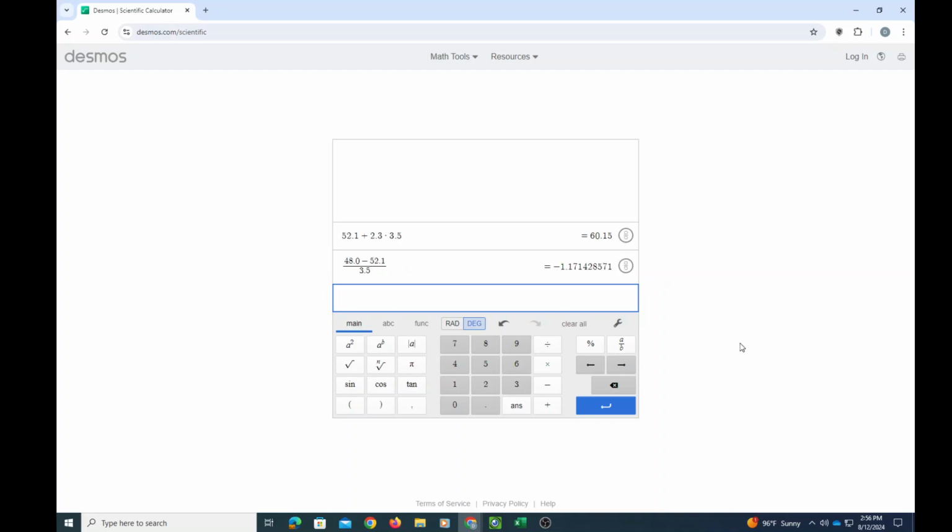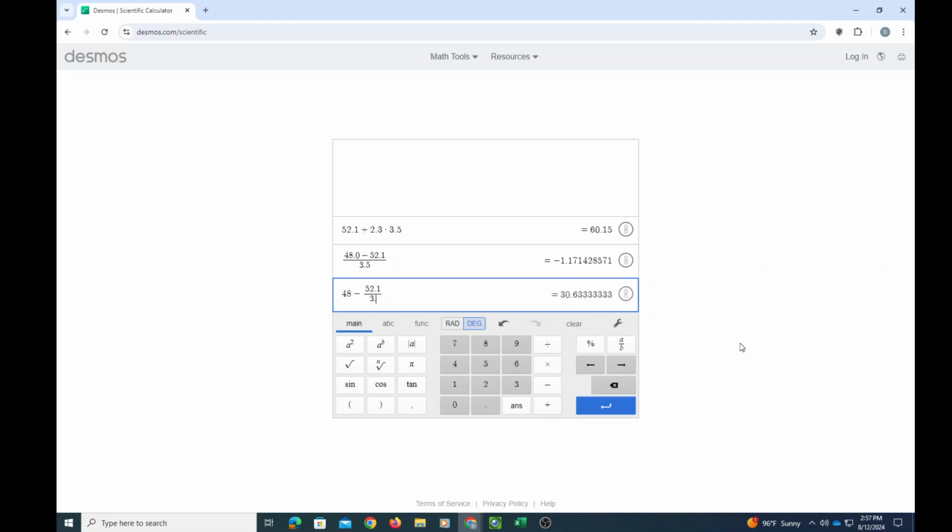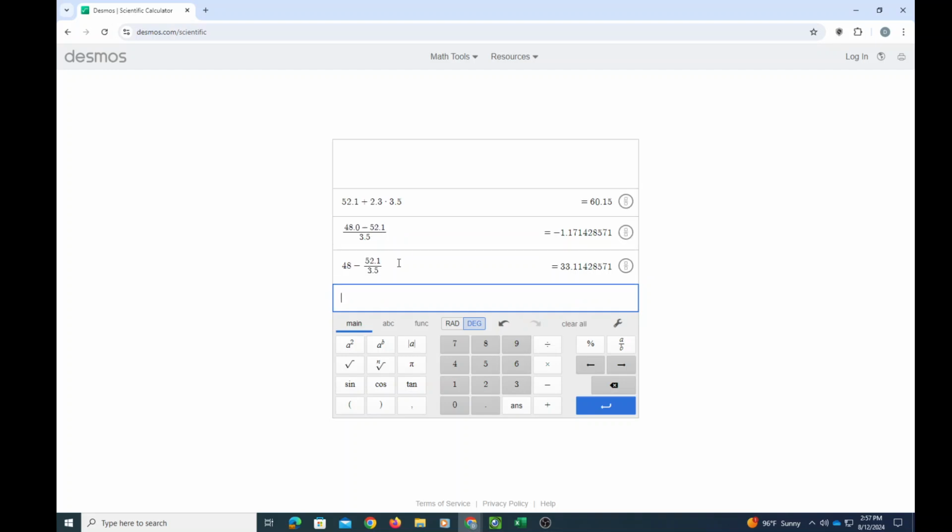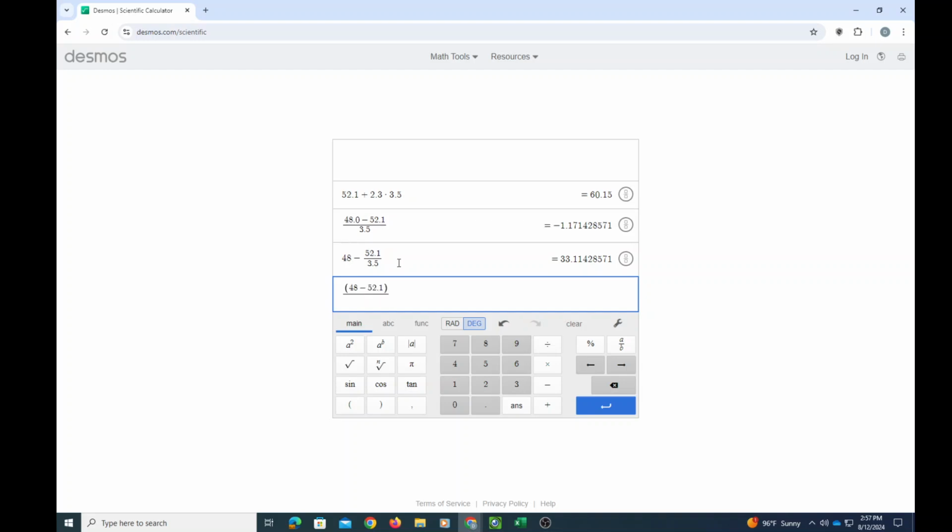A common mistake that students will sometimes make here is they'll say something like 48 minus 52.1 divided by 3.5, and you notice that when you do that, Desmos is only going to divide that second number, and that's not what you want. You want to divide the whole thing by 3.5. So you have to do it the first way that we did it. You could do this with parentheses, I guess. You could open up parentheses and say 48 minus 52.1, close the parentheses, and then divide by 3.5, right? That'll do the trick as well.